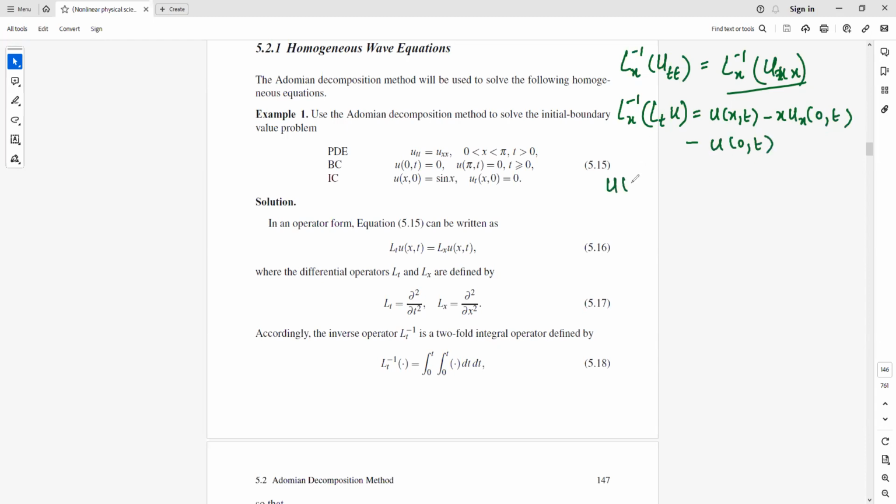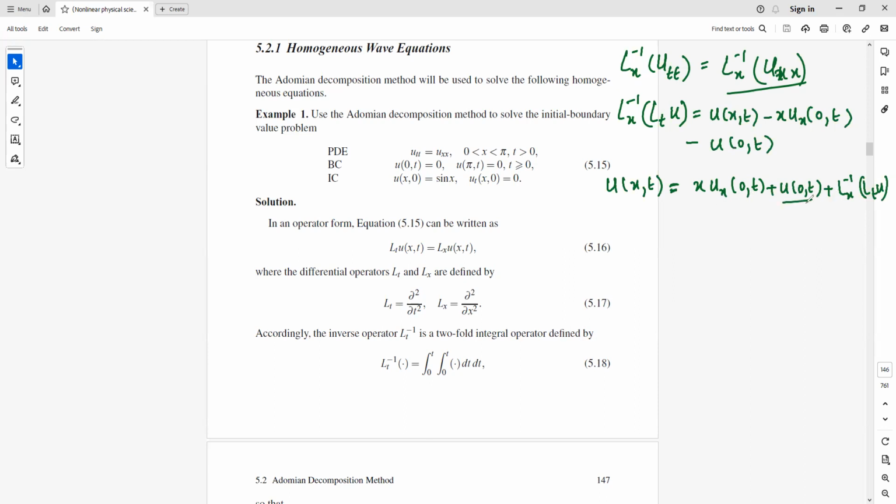Now, if we collect the terms onto the right hand side and isolate u(x,t) on the left side, we get x u_x(0,t) plus u(0,t) plus Lx inverse applied on LT u.